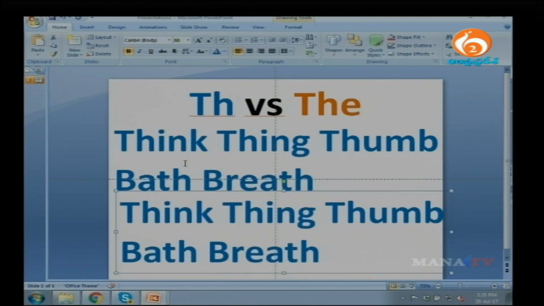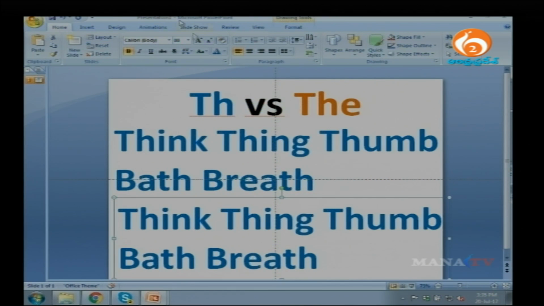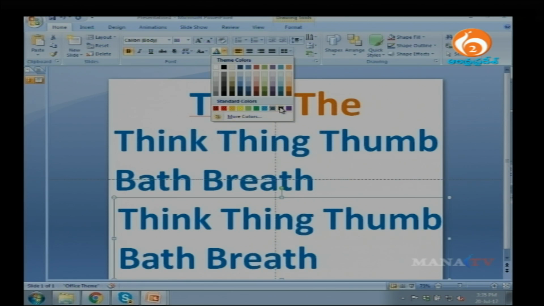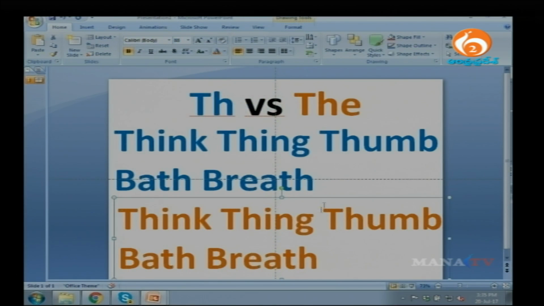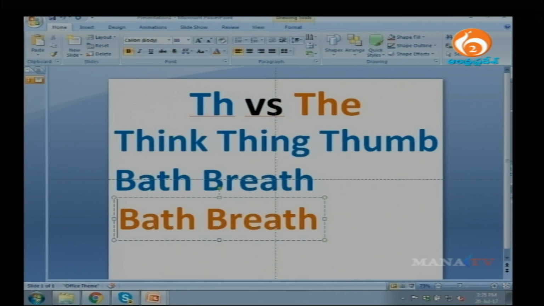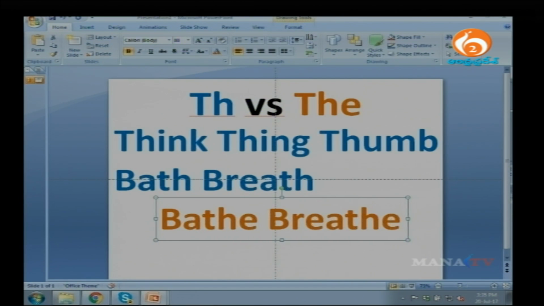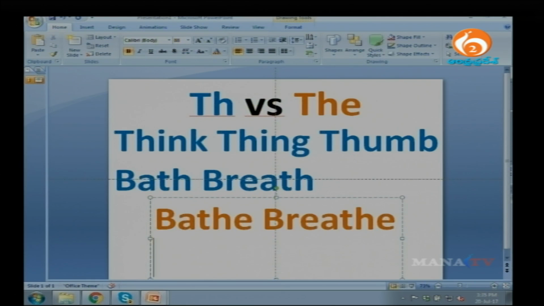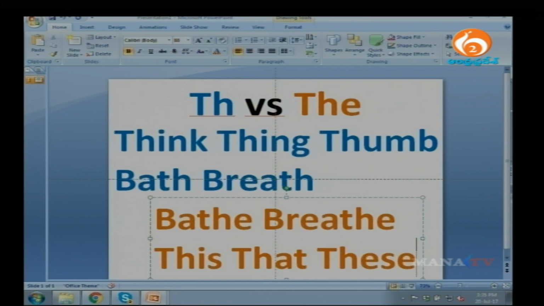Now I'm going to use a couple of words and just change the spelling, and it will become the other th sound. For example, B-A-T-H-E, the pronunciation is bathe. Bath is a noun, bathe is a verb. Breath is a noun, breathe is a verb. Likewise, with the other th sound, I can have this, that, these.